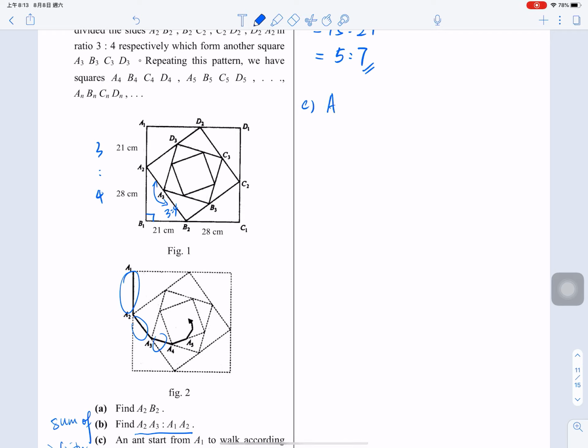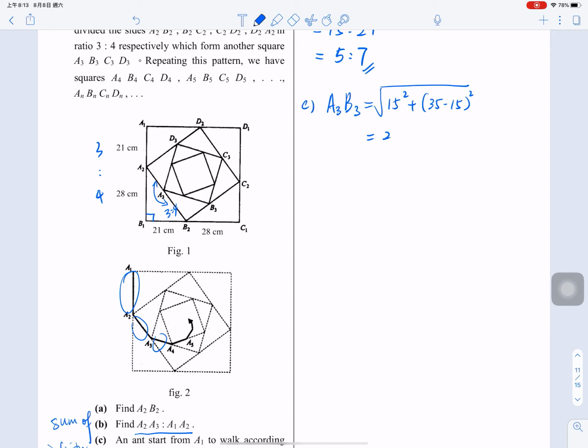So let's see. What is A3, B3? That means the size of the third square. So this one is the square root of 15 square plus 35 minus 15 squared, right?